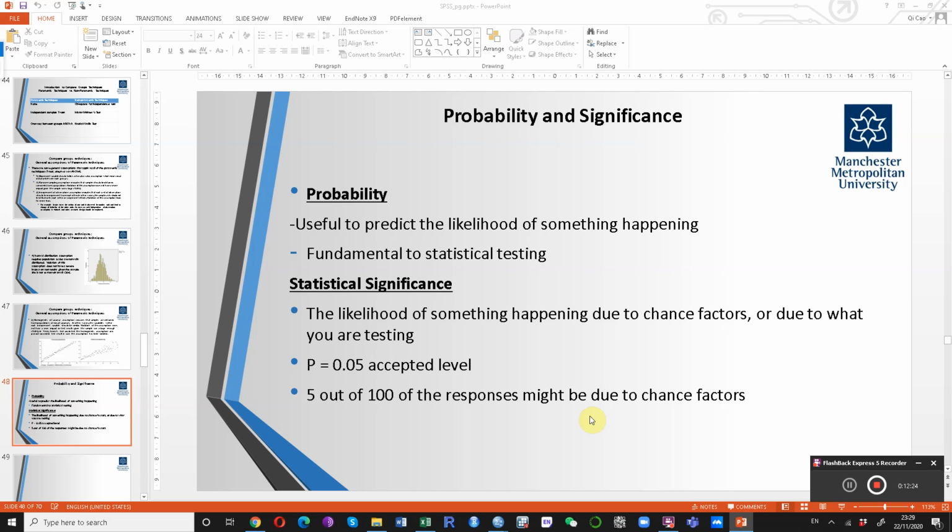For all the parametric and non-parametric tests, we will generate something called statistical significance in our test result, which is the probability value, the p-value. The most general rule of thumb here is that we use the cutoff point of 0.05 as a level.